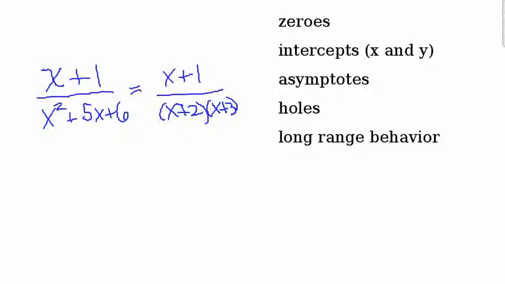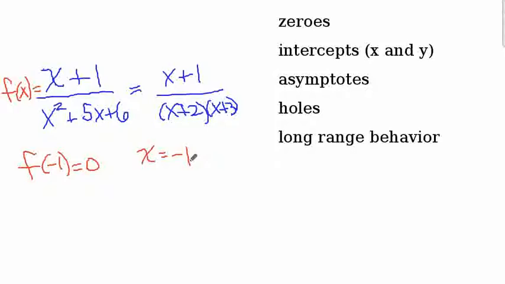So zeros, that has to do with x values that make the entire function equal 0. If we call this function f of x, then can you see that f of minus 1 is equal to 0? So x equals minus 1 is a zero, and that's also an x-intercept.